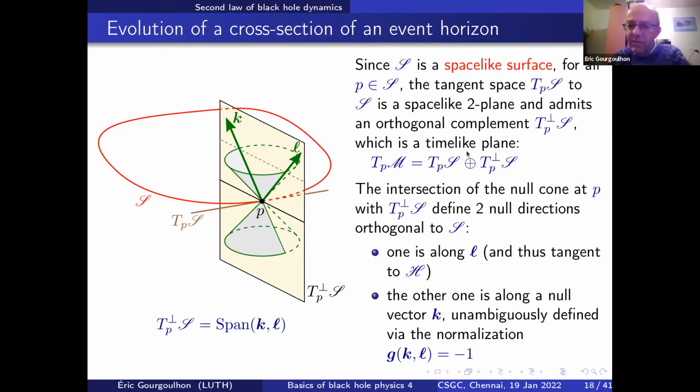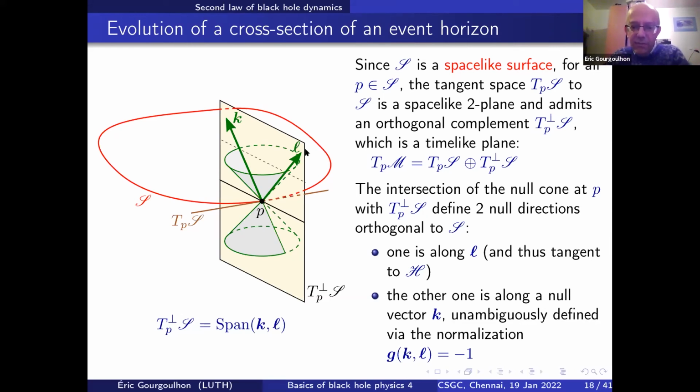Here we can write this decomposition of a tangent space. This is a four-dimensional space, which is divided in this sum of a two-dimensional space here and a two-dimensional space here. This space is space-like, this one is time-like. And being time-like, the intersection with the null cones, as we have seen the other day, defines two null directions.